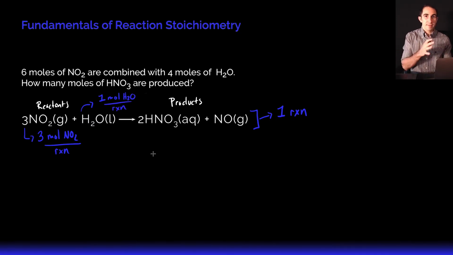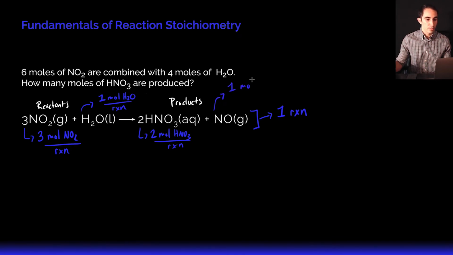And just in the same exact way, if we go over to the product side, this 2 represents that for every reaction that you run, you get out 2 moles of HNO3. And there's no coefficient here, so we interpret that as 1 mole of NO that you get out of a reaction. And so I like to think of these coefficients as units, and it's really, really helpful to understand the sort of recipe for a chemical reaction.